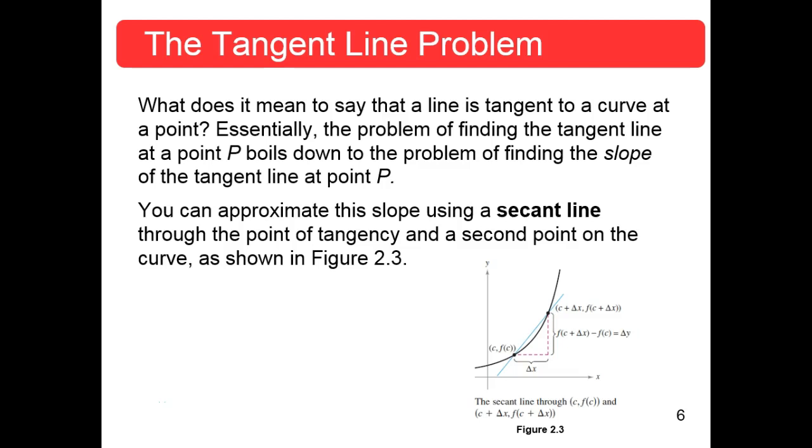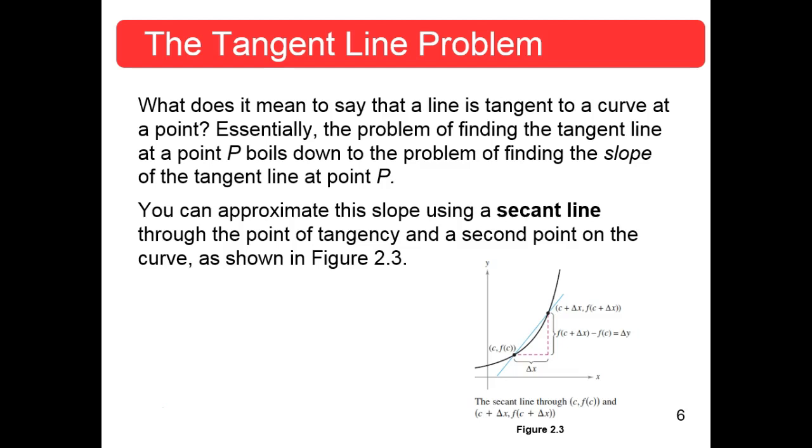Now, if you want the slope of that secant line, it's change of y over change of x, right? That's what a slope is. Change of y, delta y, over delta x. That's where you've had deltas before, right?